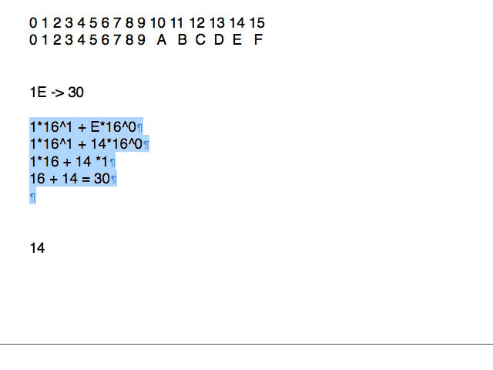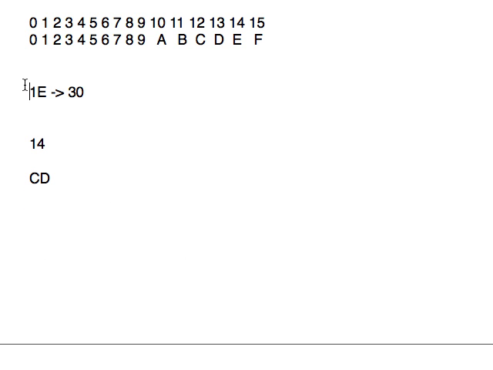Get rid of this. Okay, let's make this a little harder. Let's add a number there, 314. We just need to write this out in long format using powers of 16.